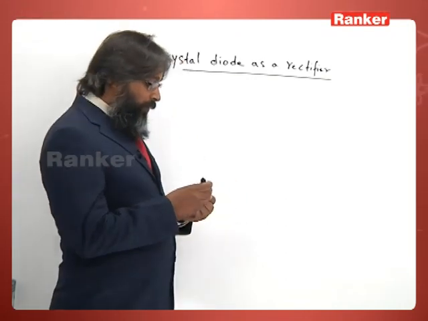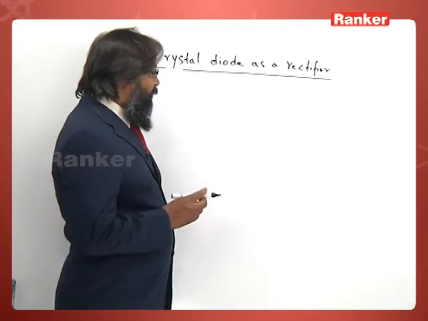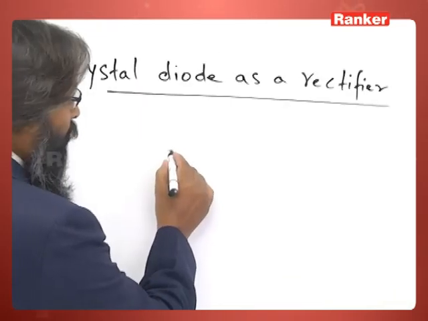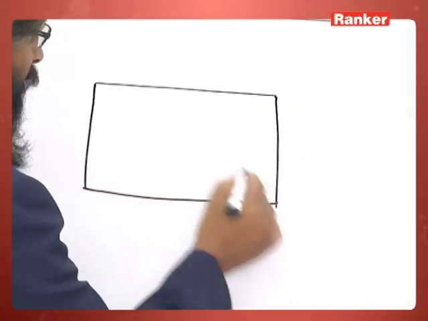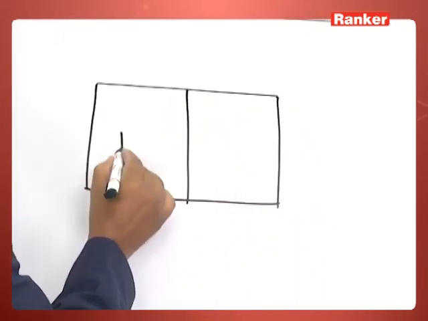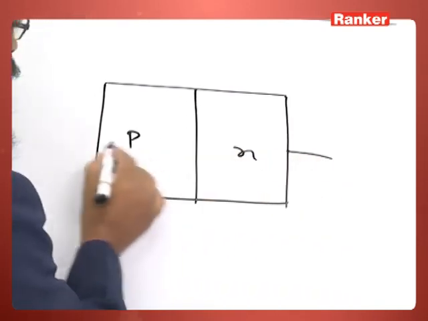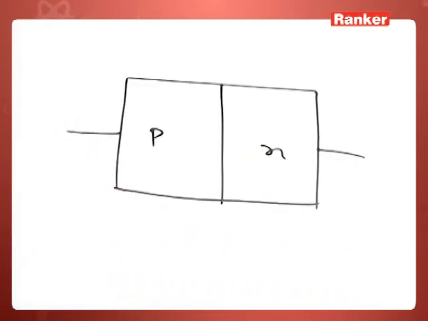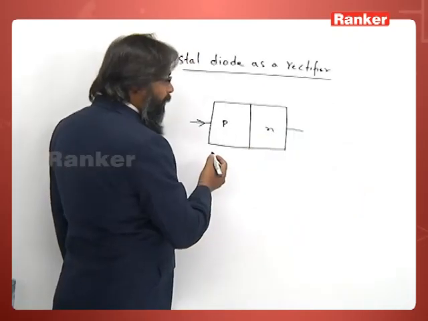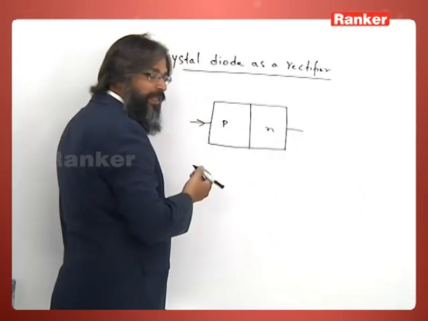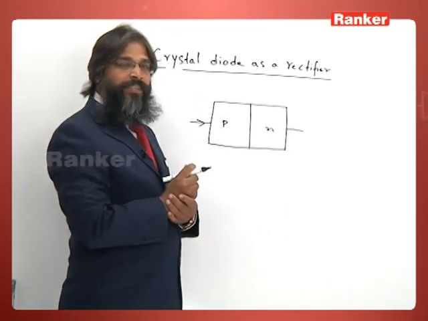We have already seen in the previous class that a crystal diode, a PN junction, this is the junction, this is P and N, conducts very heavily in the forward biasing direction, and during reverse biasing it does not conduct electricity.